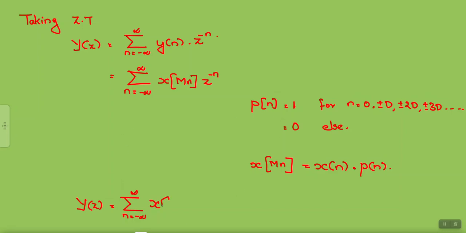x of mn, z raised to minus n, and y of z. Let mn equal u, so n equals u by m.